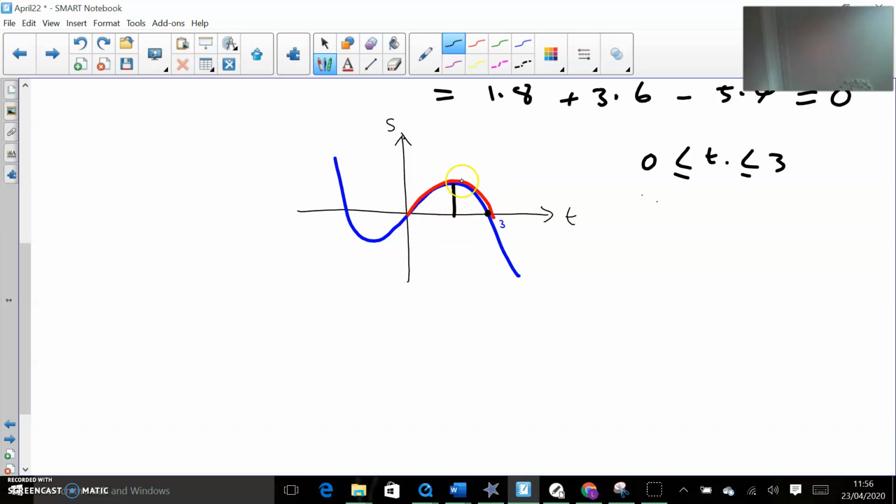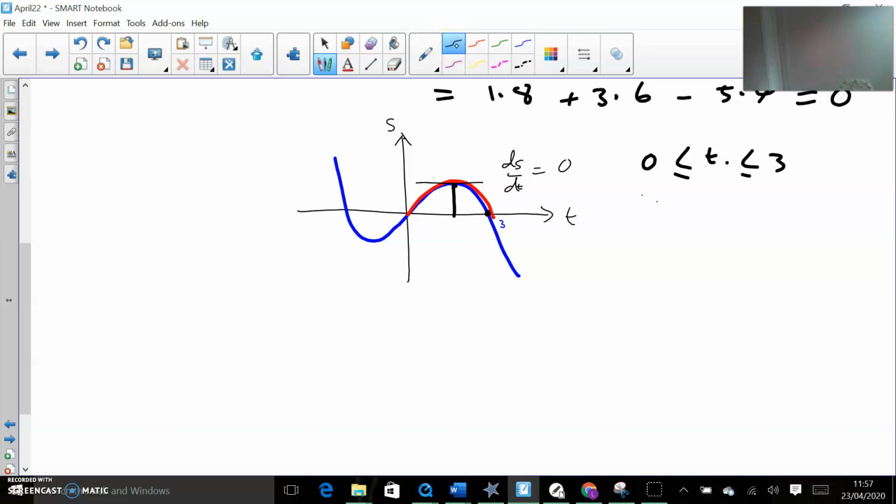So that is the point where it turns round. And as you can see, at a maximum you'll have ds by dt equals 0, because the gradient is horizontal.